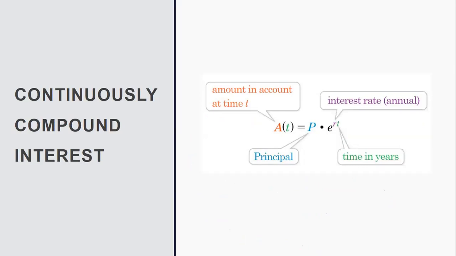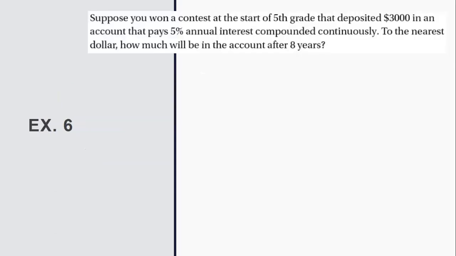Your money is working for you every second. And here's the formula that we follow. We use our natural exponential, which is the e. So the formula is A of t equals P times e to the r times t. We use this formula to calculate continuously compounded interest.